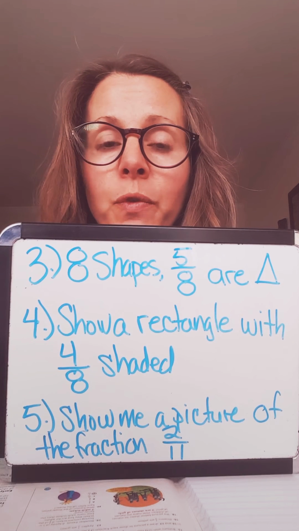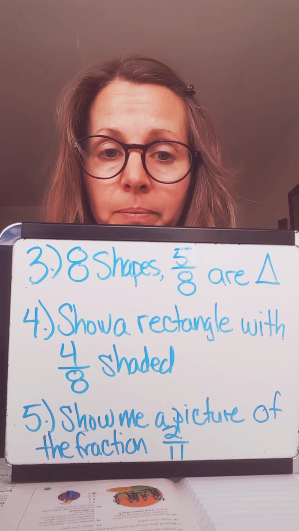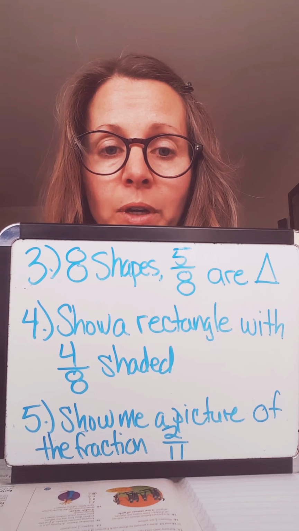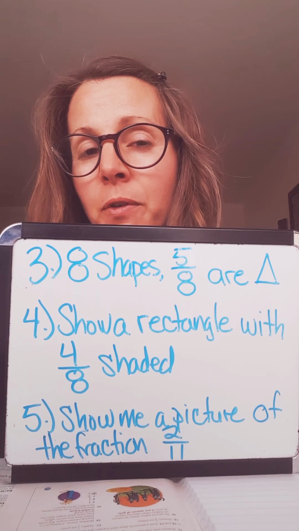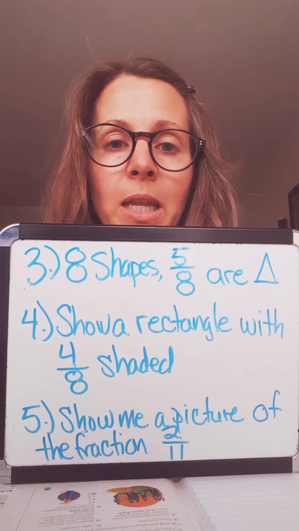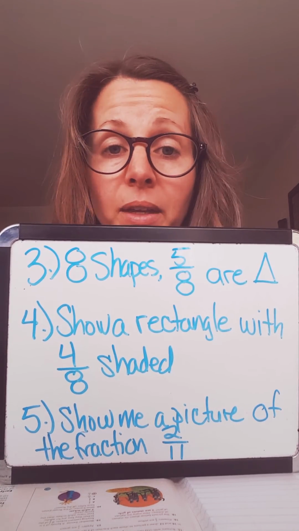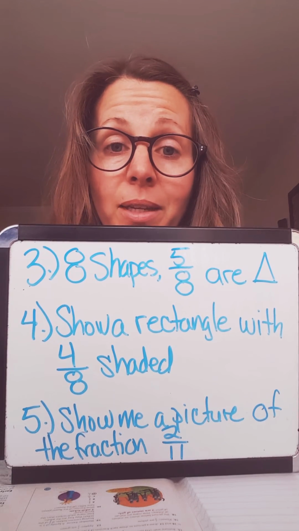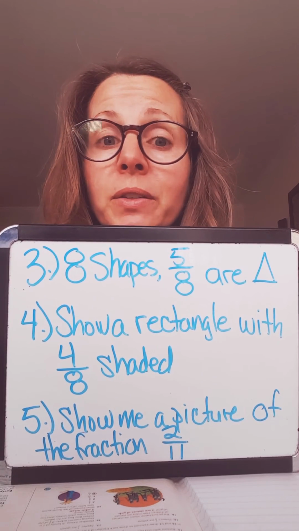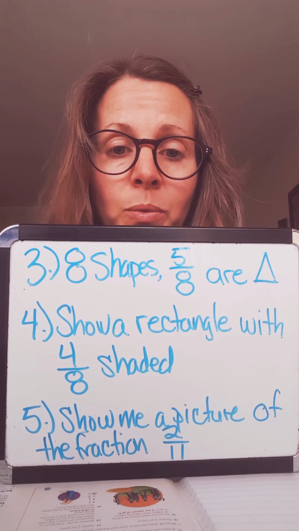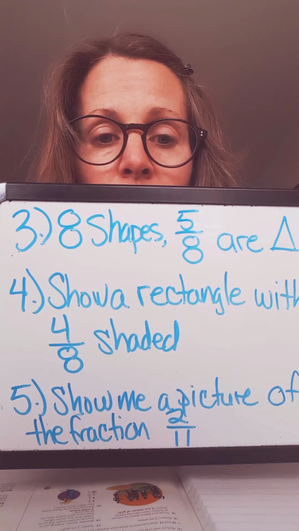A rectangle with 4/8 shaded. Okay, and for number 5, you're going to show me a picture of the fraction 2/11. I don't care what. They could be anything you can think of: dogs, cats, guinea pigs, trees, flowers, whatever. But your drawing is going to represent the fraction 2/11.